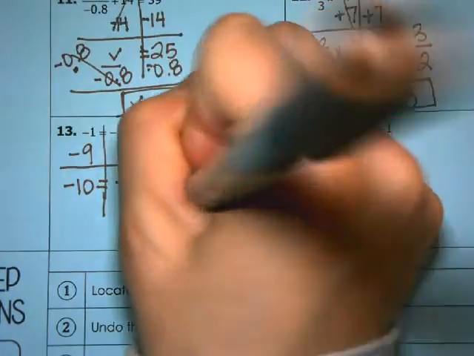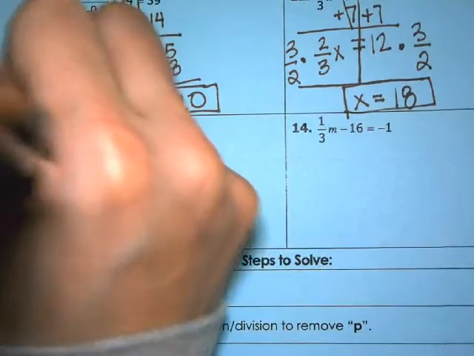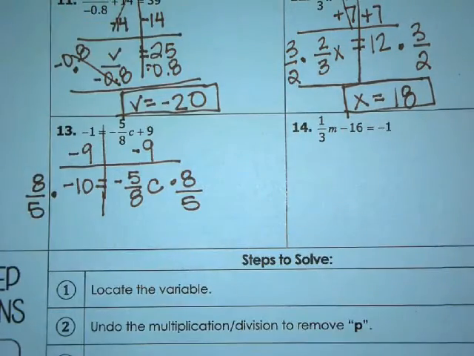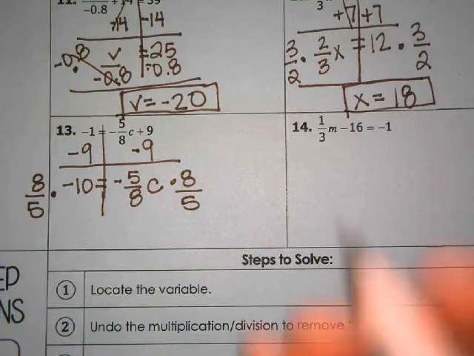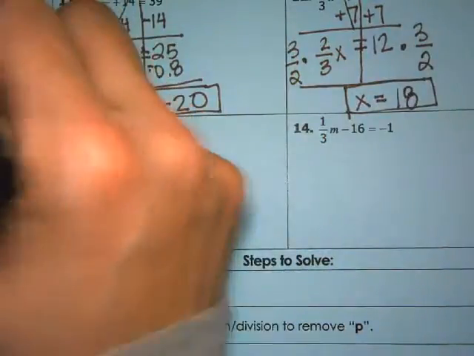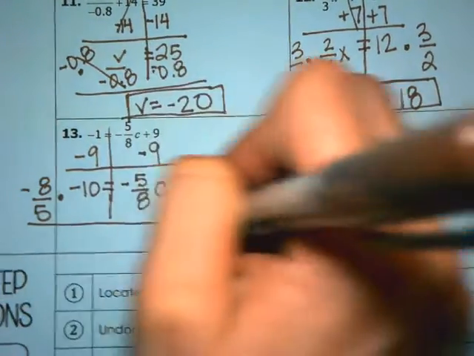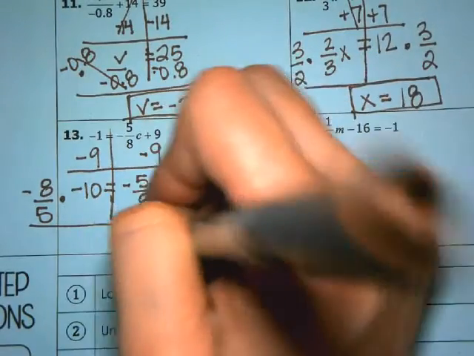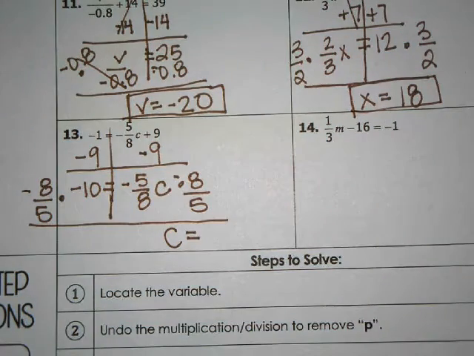So make sure you're always multiplying by the number that's next to the variable. Positive or negative 8/5, Abe? Negative. Good. Make sure you take that negative with you. So then C is going to equal what, Abe?